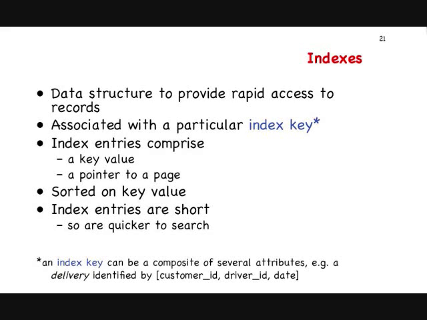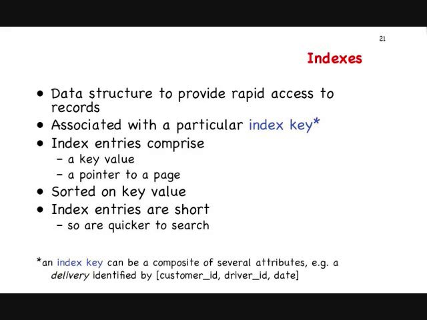The primary key is the logical thing which determines integrity, helps you maintain integrity. So here we are. There's our index key. An index key can be a composite of several attributes, whatever. Okay. And very often we're doing partial searches on index keys as well. So we've got a key value and a pointer to a page in our index.